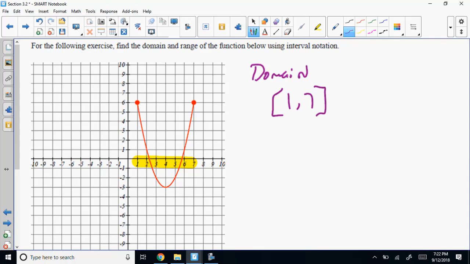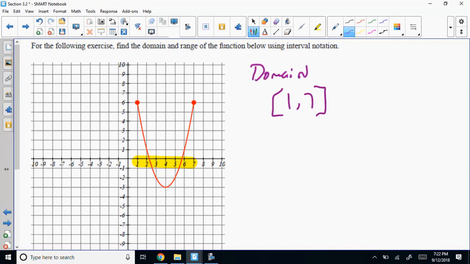What always gets parentheses no matter what? Not closed dots. Open dots and infinities, negative or positive, right? Yeah. So those are guaranteed to have parentheses.